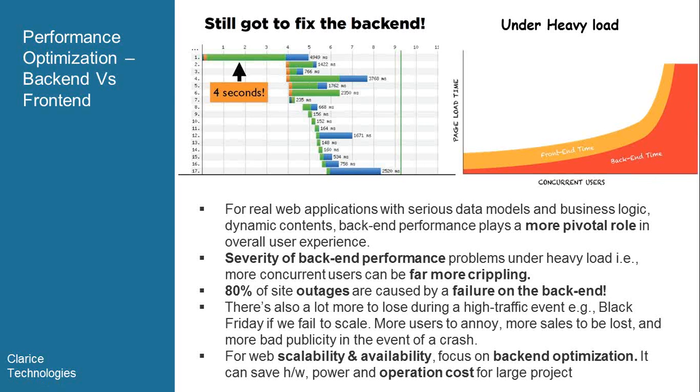So the severity of backend performance is riskier than front-end performance, and 80% of site outages are caused by failure on the backend. There are cases where outages are caused by failure in the front end, but in most cases it is because of failures in the backend, like the hosting service being down, or the CDN not being available, or DNS not working.